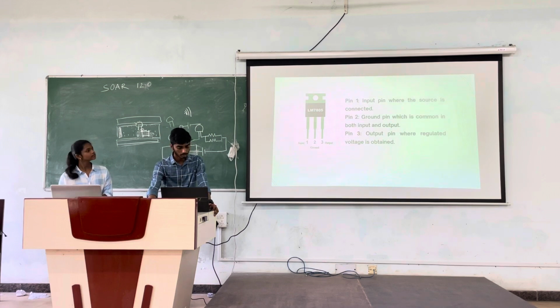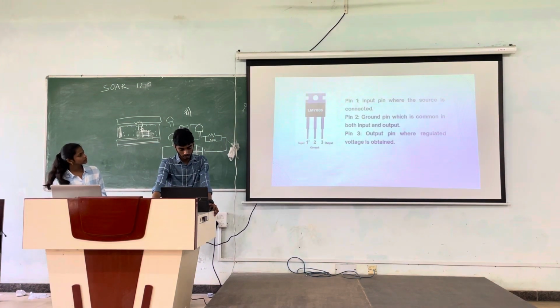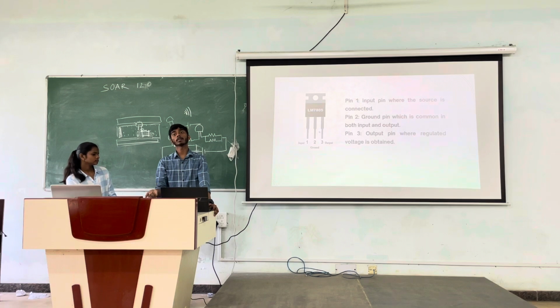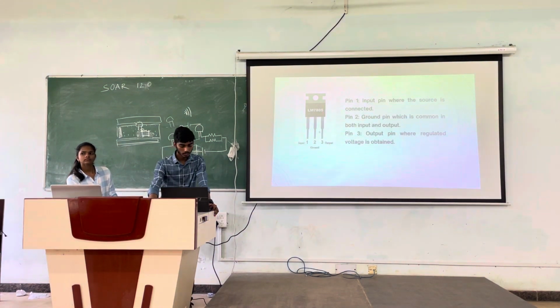We have these three pins in this 7805 IC, and pin number 1 is the input pin, pin number 2 is ground, and pin number 3 is output. Pin number 2 is ground, which is common to both the output and input side. So we have to apply the input source here.